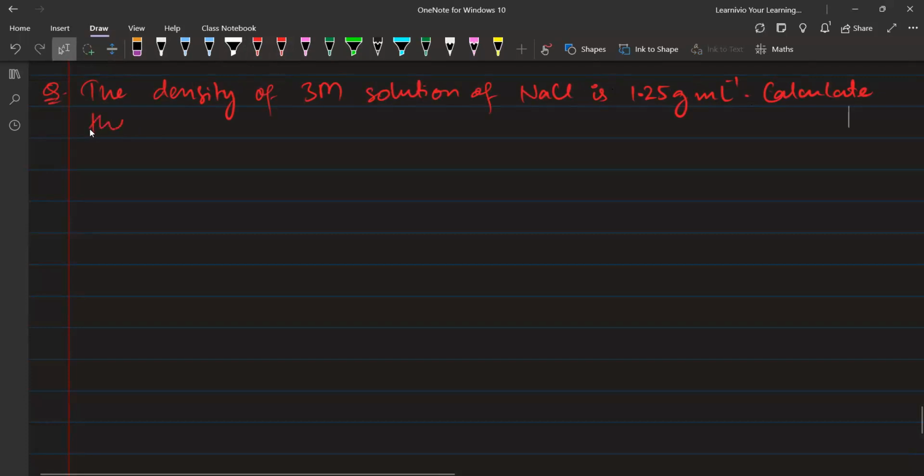Calculate the molality of the solution. Please see.